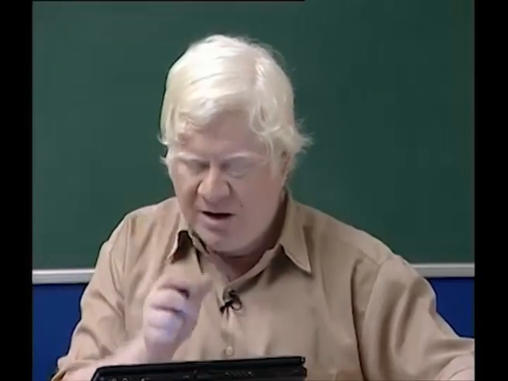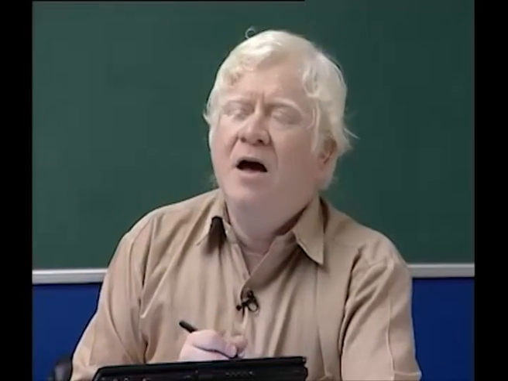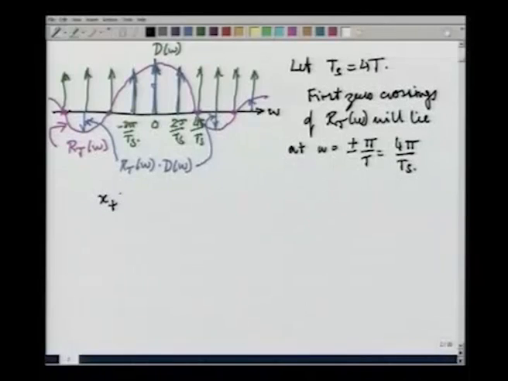Now what do we finally do with this? Let us get back to the original equation. For faithful top sampling, the faithful top sample train xt of t was equal to xt multiplied by d of t, convolved with RT of t.